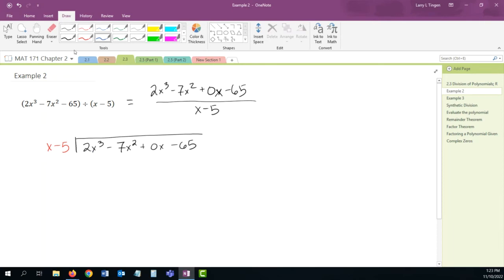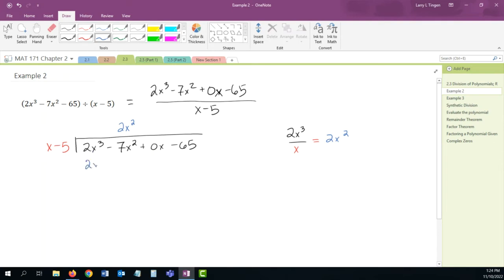Or in other words, you can see it 2 ways. You either see it as 2x cubed divided by x equals what? Or what do I have to multiply x by to get 2x cubed? In both cases, the answer is 2x squared. 2x squared is the first term in your quotient, and then you multiply just like regular long division.